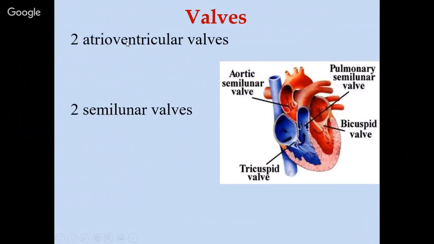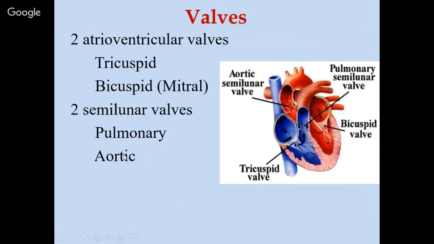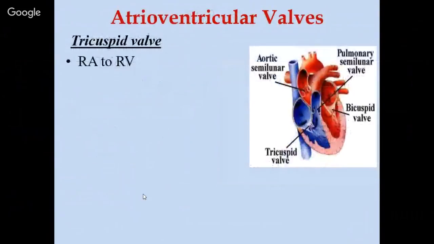So AV valves are atrioventricular. That's the valve connecting the atrium to the ventricles. Tricuspid on the right, bicuspid or mitral on the left. Pulmonic or pulmonary and aortic. Right atria to right ventricle.